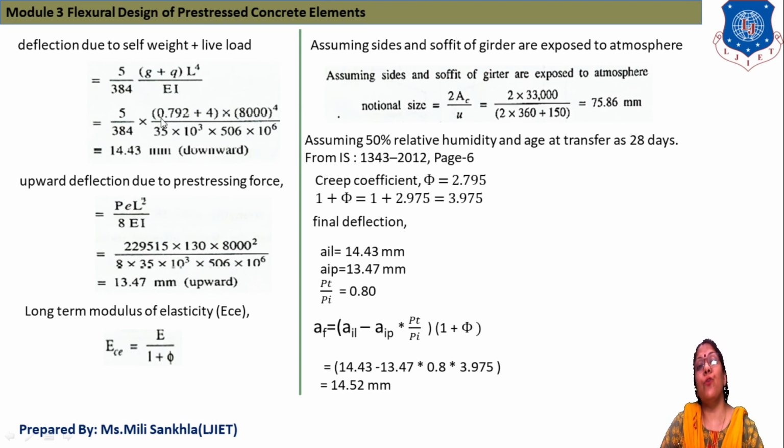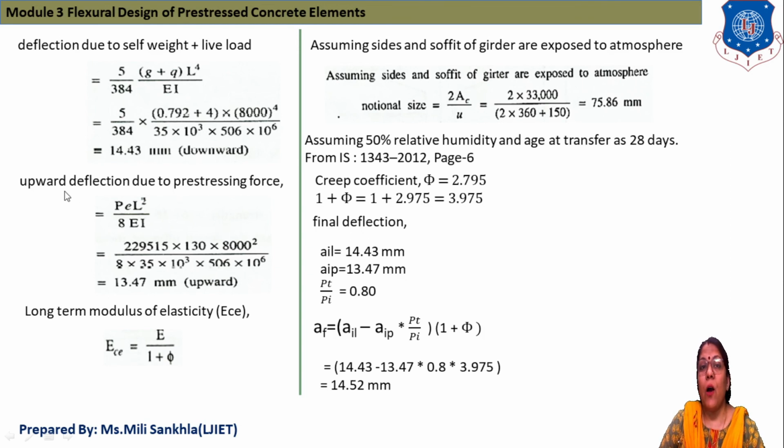This is the equation for a simply supported beam subjected to UDL on the entire span. 5/384, G is equal to 0.792, Q is equal to 4, L is equal to 8000 raised to 4, E is 35 into 10 raised to 3, then I is equal to 506 into 10 raised to 6. Deflection is 14.43 mm in the downward direction.